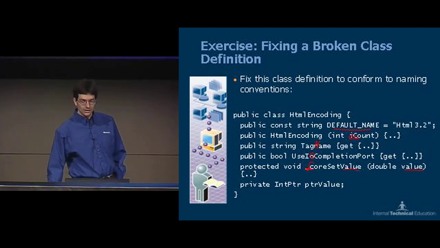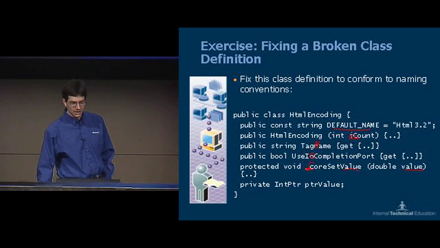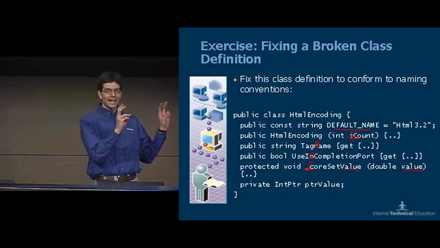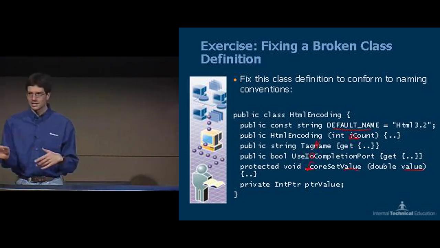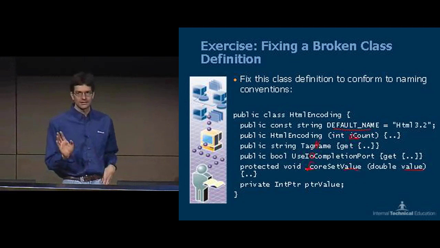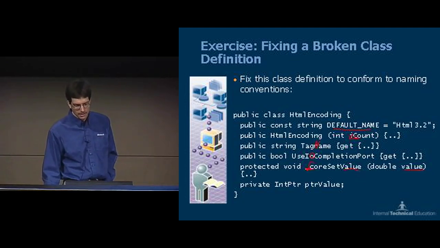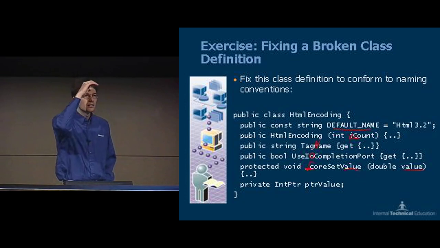So you're right in that we should get rid of the leading underscore, but you're right for the wrong reason. It's not design guidelines compliant. I mean, CLS wise, we say that's in the set of allowable identifiers. So it's CLS compliant, I'm pretty sure, but yeah, you should get rid of the underscore. Anything else? Yeah, what back there?